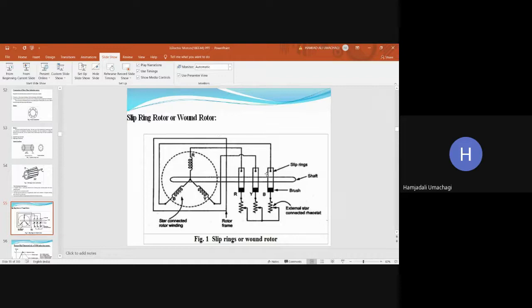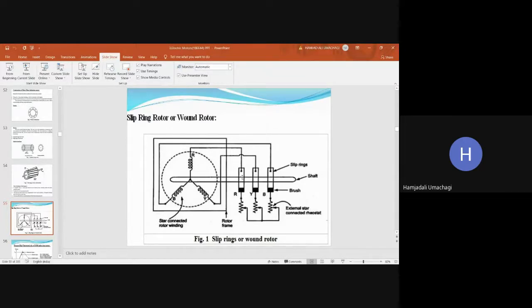So slip rings are mounted onto the same shaft of the rotor, and these slip rings are connected to each phase of the winding. The first slip ring is connected to the R phase. The next slip ring is connected to the Y phase. The remaining third slip ring is connected to the B phase. So the output of each of the windings will be collected at one end of the slip rings.